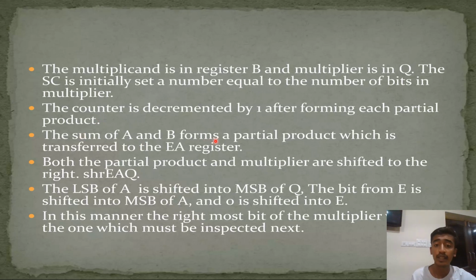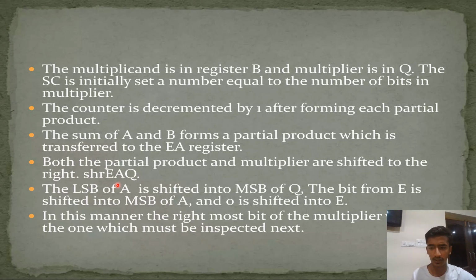The sum of A and B forms a partial product which is transferred to the EA register. Both the partial product and multiplier are shifted to the right, that is, shifting right EAQ. We will learn about the arithmetic right shift, don't worry.